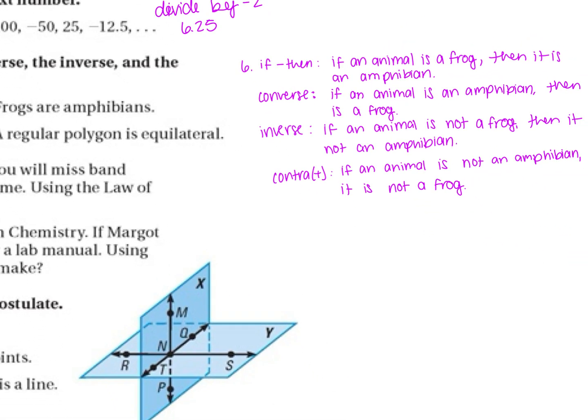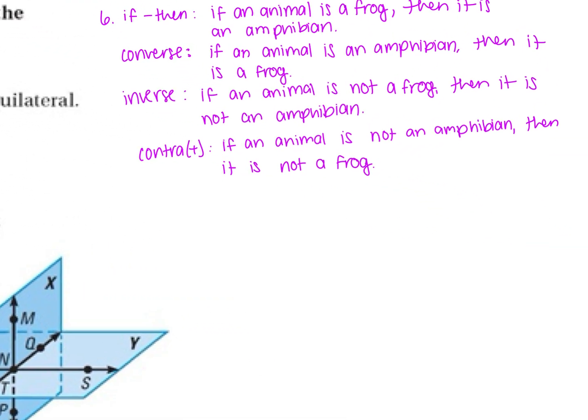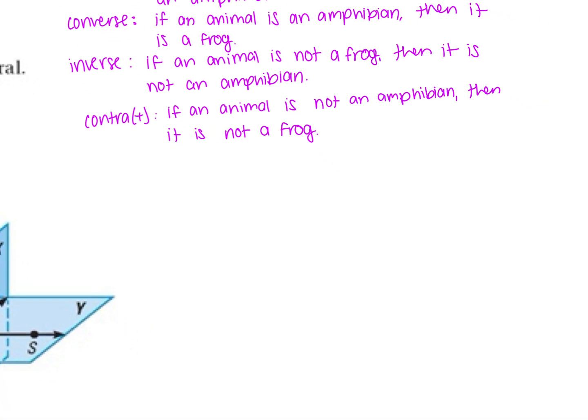This one's going to be a little lengthy like the rest. All right, 8. Bear with me, I'm almost done with this. Again, my if-then statement, my conditional statement: if a polygon is regular, then it is equilateral.